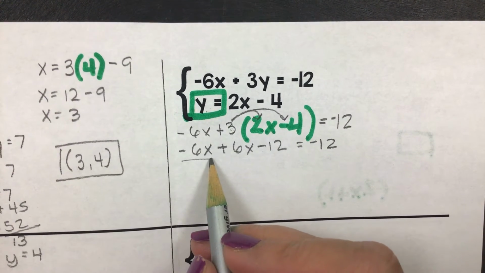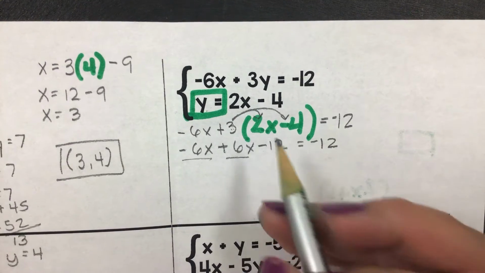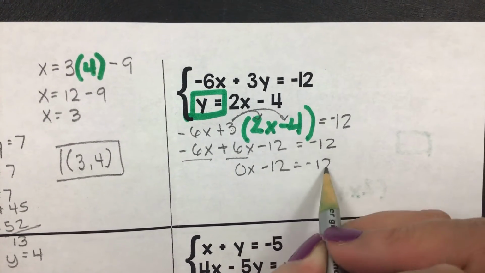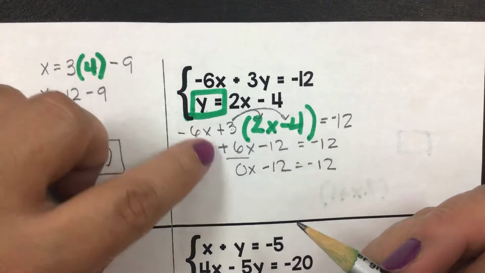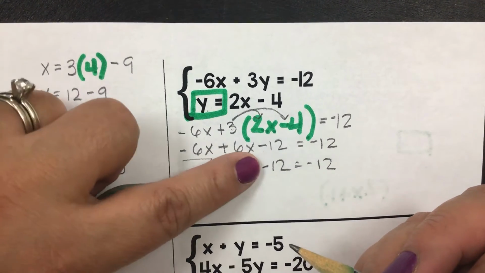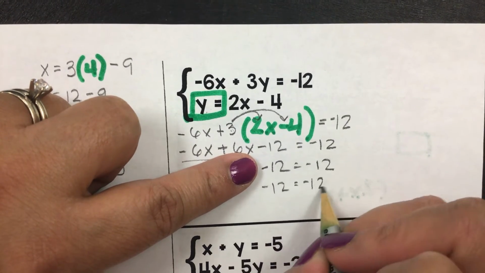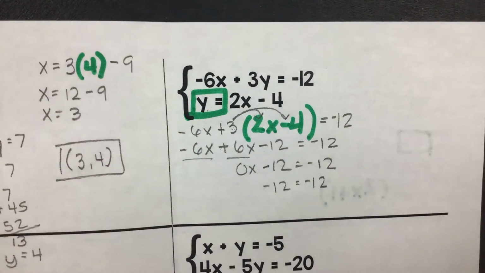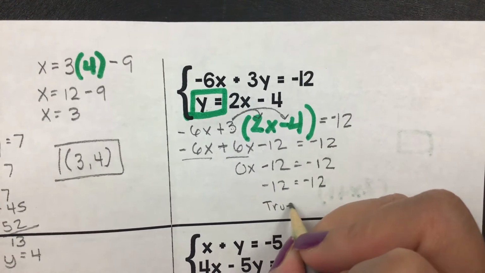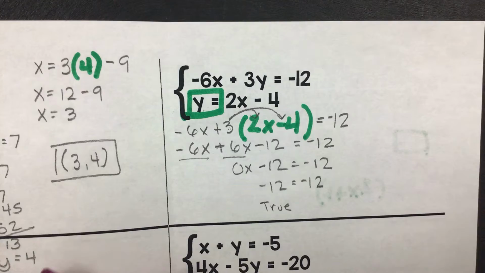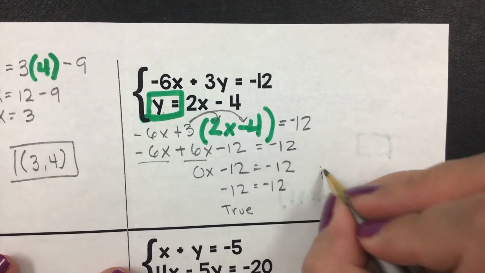A negative 6x plus a positive 6x gives you 0x minus 12, and that's equal to negative 12. That means that we don't need to write it. 0 times x is just 0. So we're left with negative 12 is equal to negative 12. Well, that's true. That's true all the time. Negative 12 will always be negative 12. That means that there's infinite solutions.